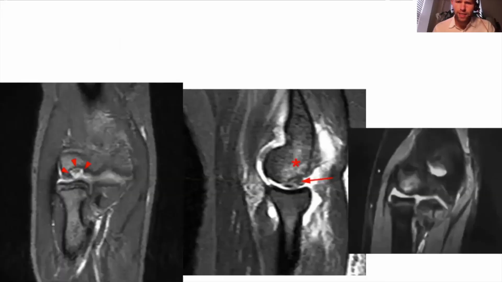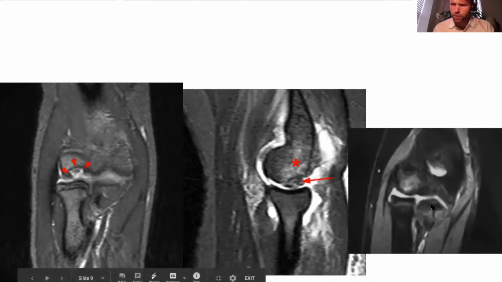Now, we don't always see it like that. Here again is that same image, and here is this image again seen from a different side. But if we look here on the rightmost image, we again are seeing the distal humerus as it articulates against the radial head, and we're seeing a little bit of the ulna over here.